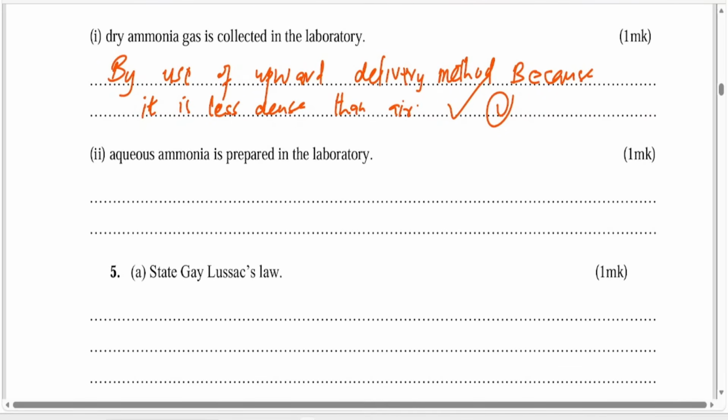So how do we prepare aqueous ammonia? It is bubbled in water through an inverted funnel. We put water in a beaker, and then we use an inverted funnel and pass ammonia gas through it.